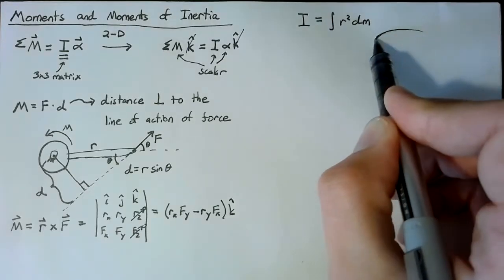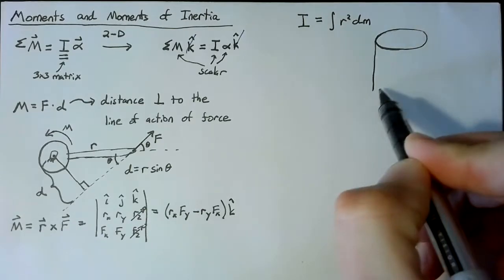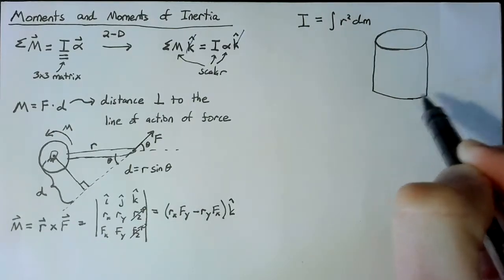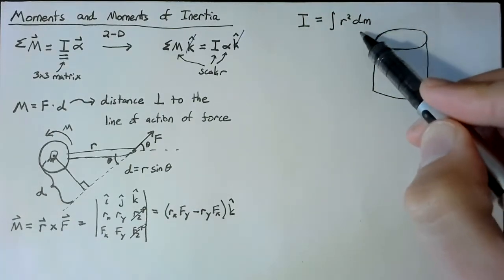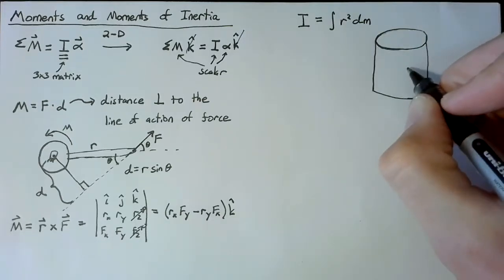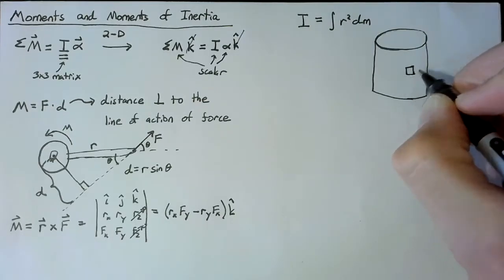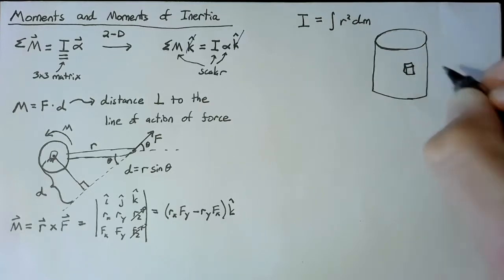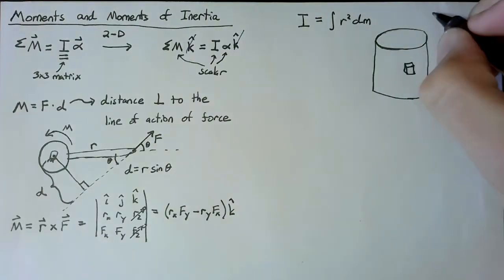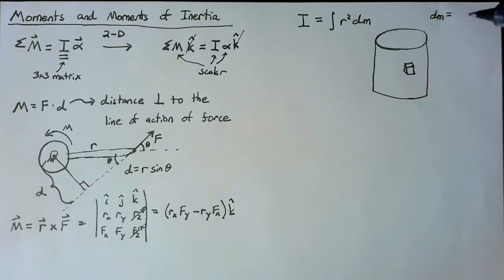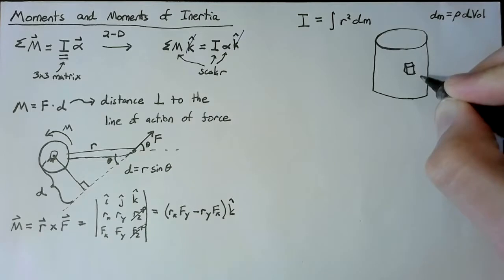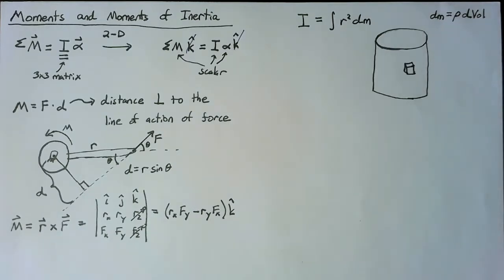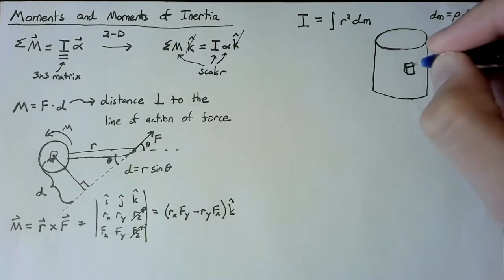If we think of a cylinder, we can find a dm element. This is a differential mass element. So in order to get that, we need to just cut out a little section of this cylinder to find a mass. This differential mass is simply equal to the density multiplied by the volume that this is taking up. And the volume of a little rectangular prism is simply the multiplication of the 3 lengths that it has.